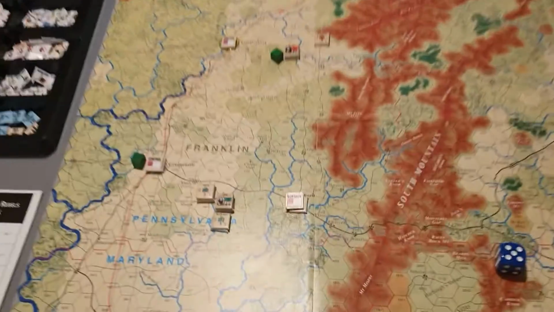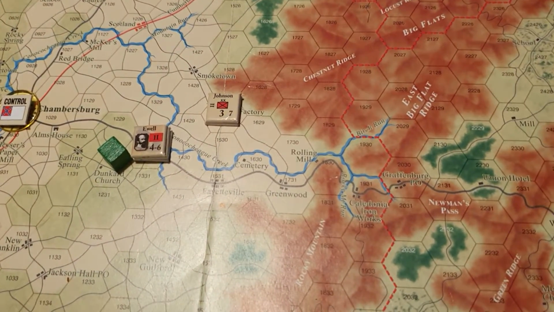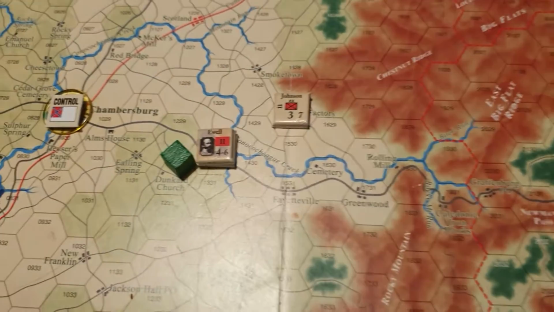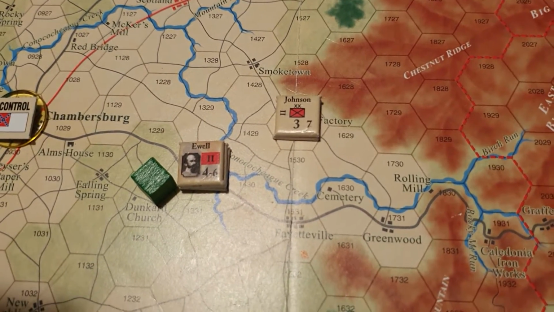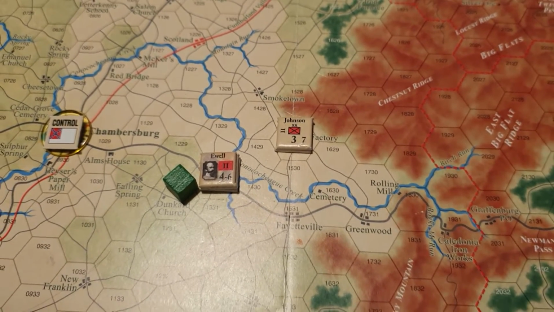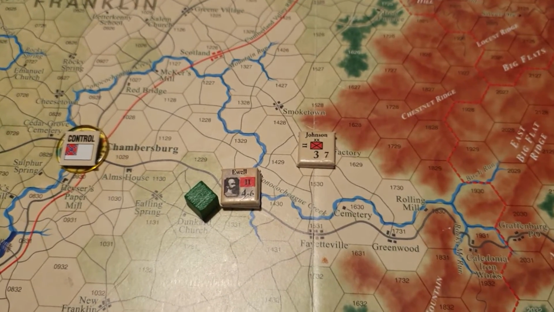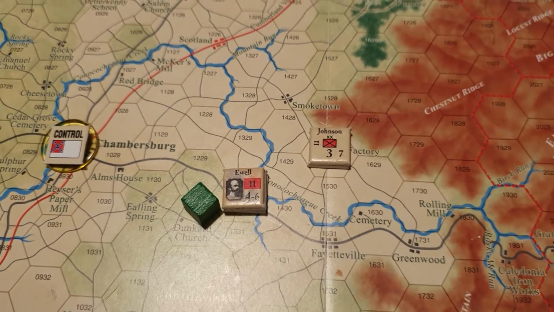Right, the first thing I'm going to do is a leader activation on Ewell. Now, leaders are the units with the picture on them. They've got 2 numbers underneath the formation, so this is the 2nd Corps, the Army of Northern Virginia.